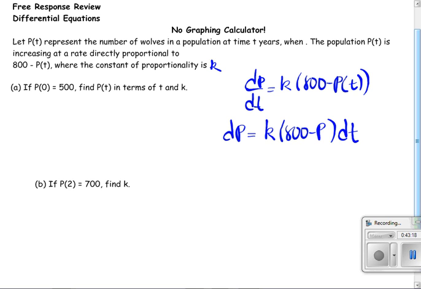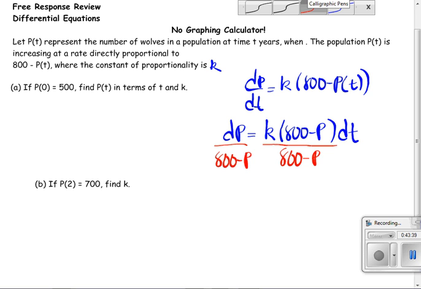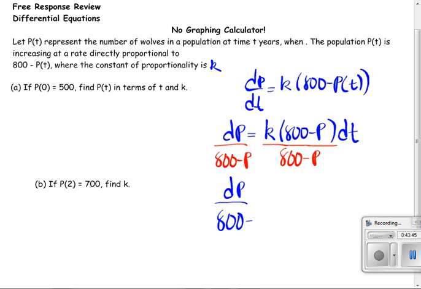What do you have to do now? You have to separate. It's always multiply, divide. So it's 1 over 800 minus P. I thought it was P of T. It's P of T, but I'm just going to leave it P, just because it looks nicer. So dP divided by 800 minus P, this is just like the waste problem.